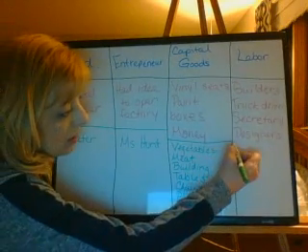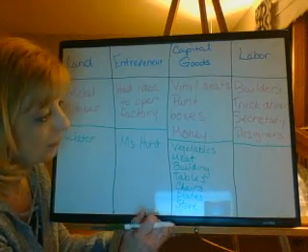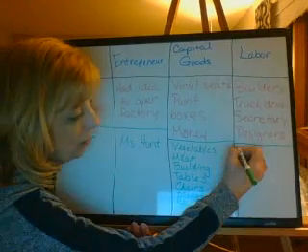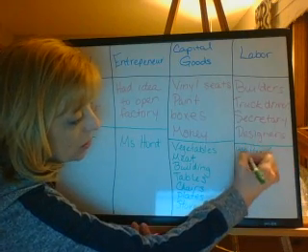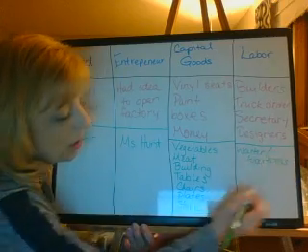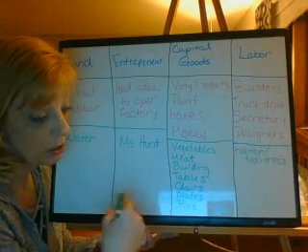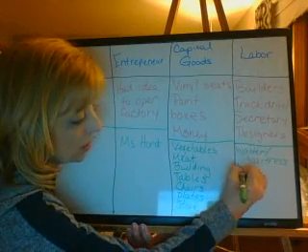Labor. Who is going to work in my restaurant? Well, the people that bring us our food, a waiter or waitress, the person that takes you to your seat or tells you where to sit is called a hostess.